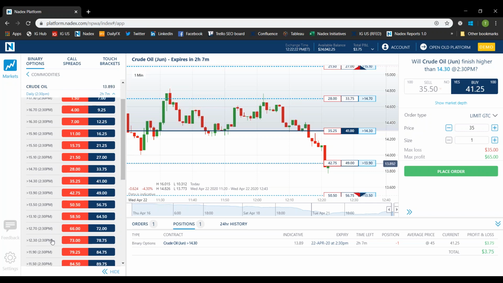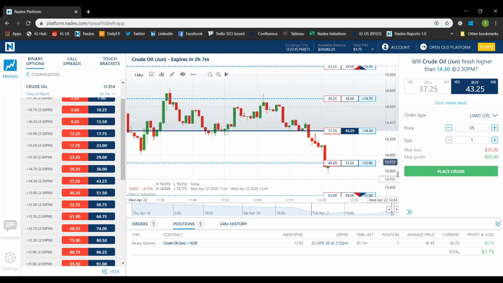Now, what I do like to point out, and this is kind of interesting that some people miss this, is what these numbers represent is the probability at this moment in time that this statement will be true. So when I'm trading something down, do I think oil? Let's take a look at something higher.